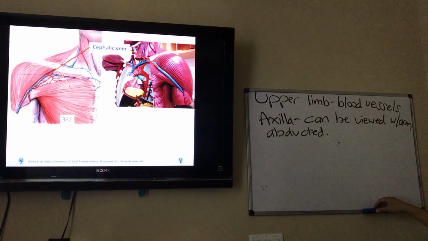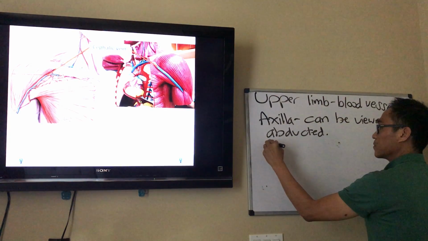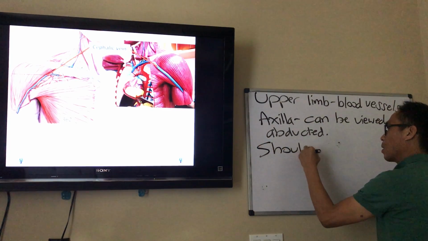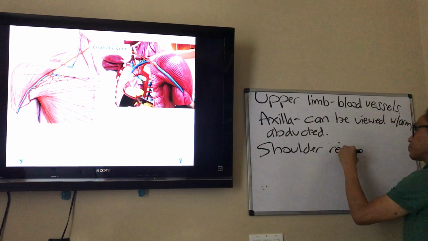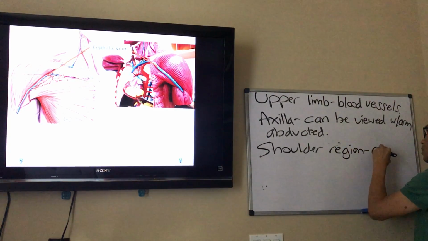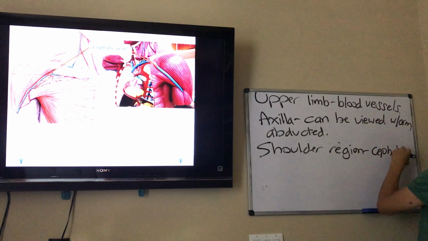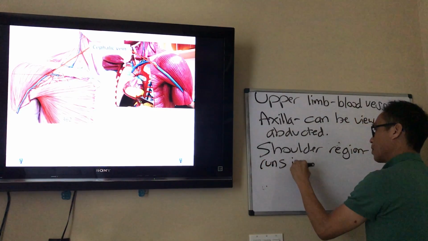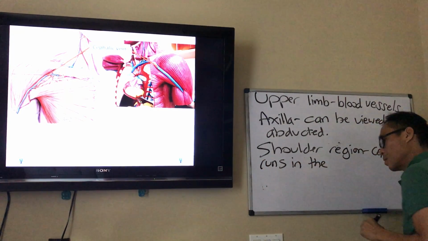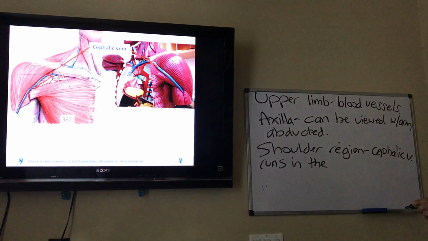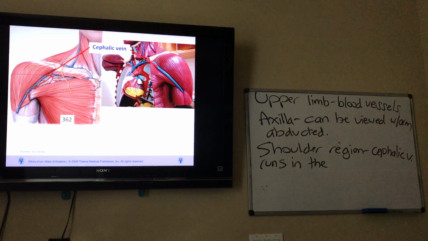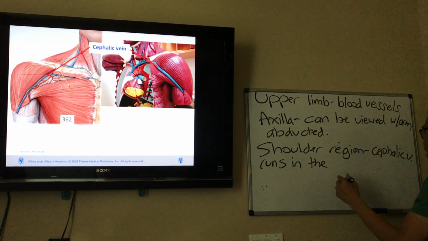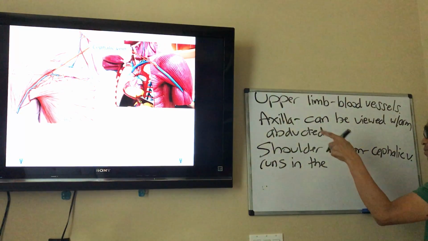So for the shoulder region, be able to identify the cephalic vein. It runs in what's called the deltopectoral groove. It's going to drain into the axillary vein, but let's just ID it here in these pictures.